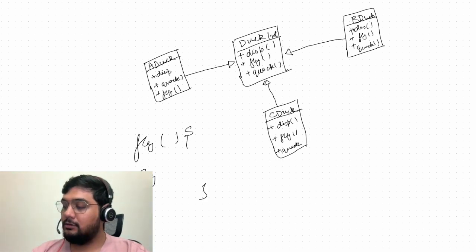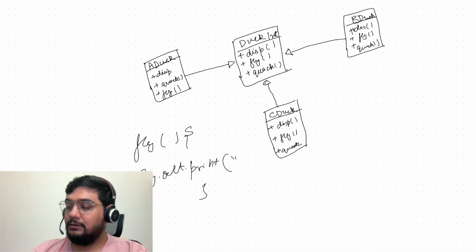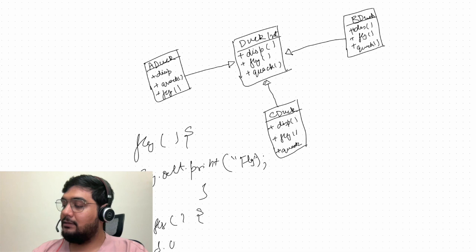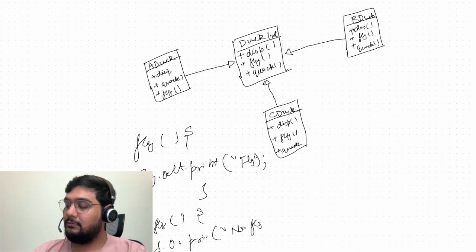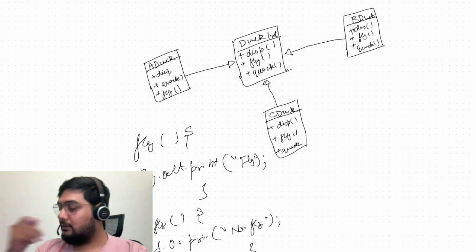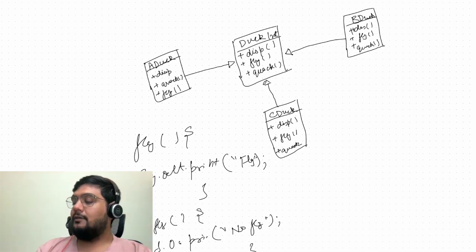So let's assume that fly prints System.out.print fly. And then there is one more implementation, of C duck, that cannot fly, and it will be System.out.println no fly. Just a basic assumption that A duck and B duck can fly and C duck cannot fly.